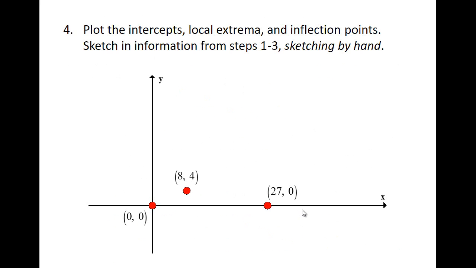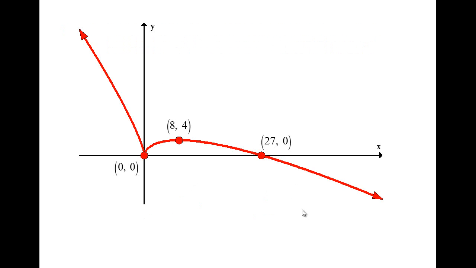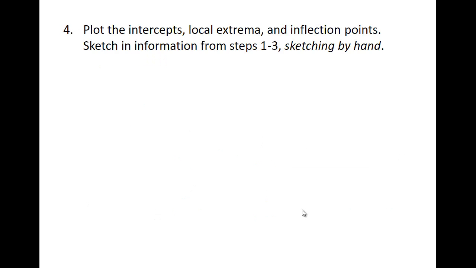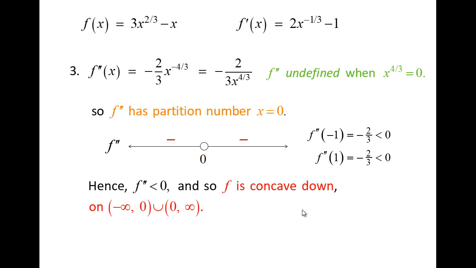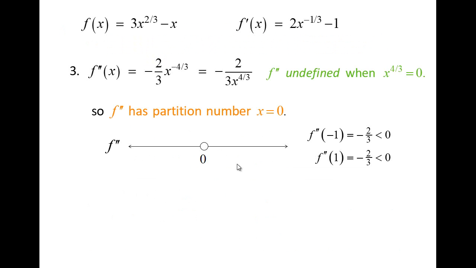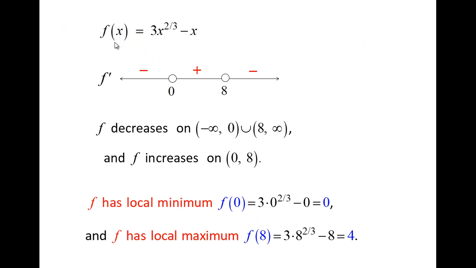Okay. Now what do we know about the function? The function is concave down throughout. We know that. And in terms of increasing and decreasing, it's decreasing up to 0, and then it increases up to 8, and then after 8 it decreases, right?